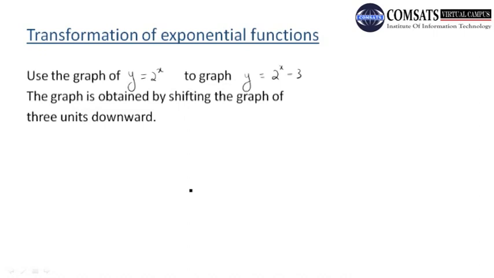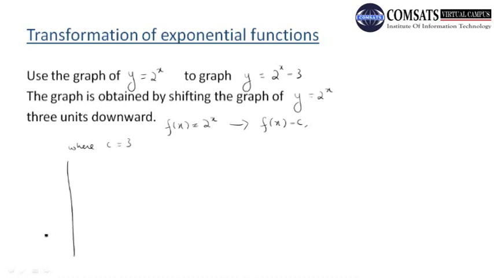Then this graph is obtained by shifting the graph of y equals 2 to the power x 3 units downward. That is, we have our function f of x, which is equal to 2 to the power x, and this is defined as f of x minus c, where c is equal to 3 now.